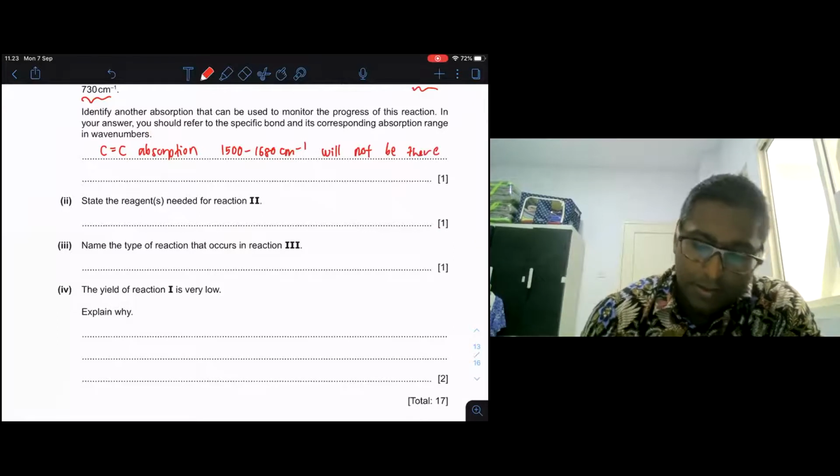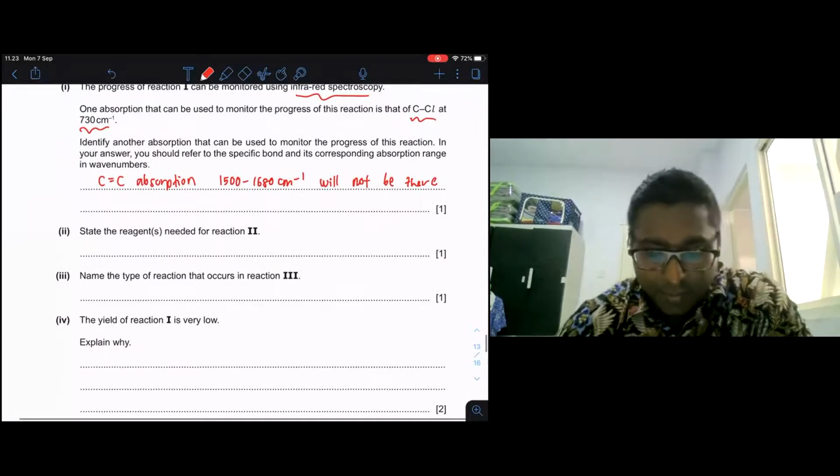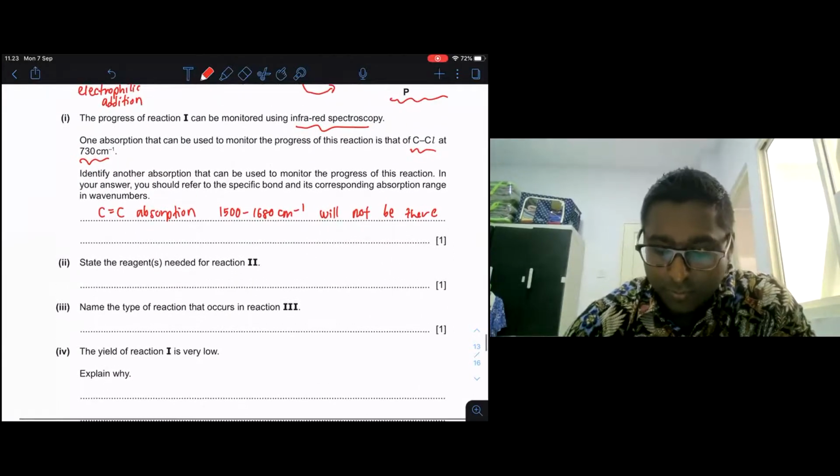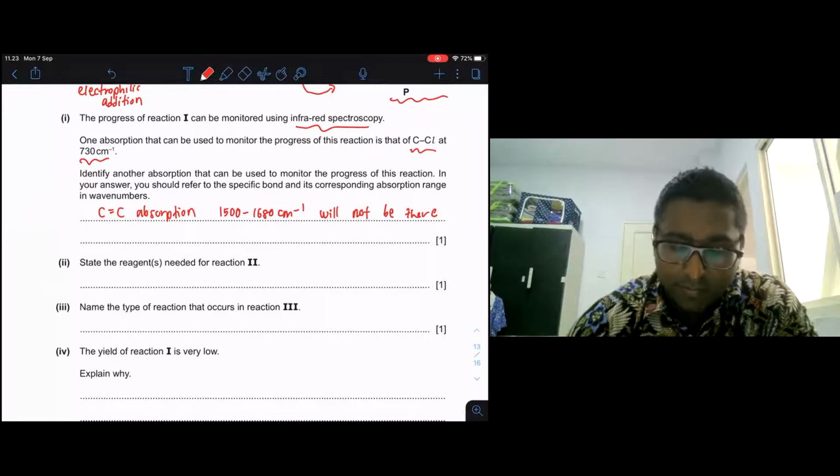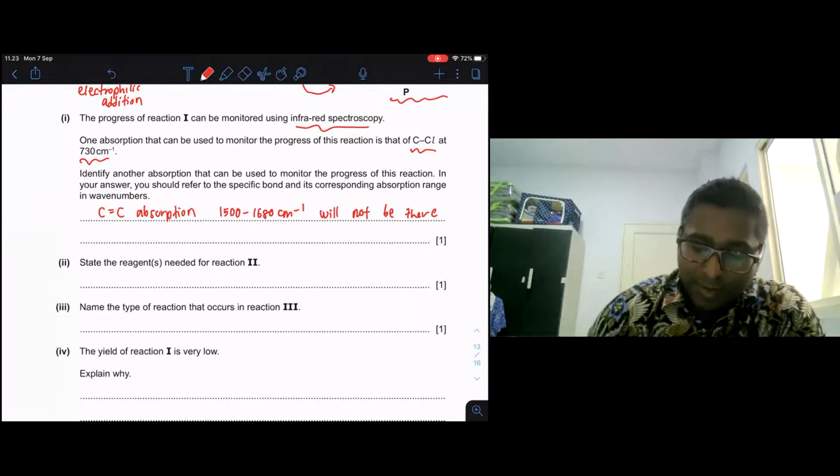That is one absorption that we can use to track the progress of the reaction. So you must mention this.